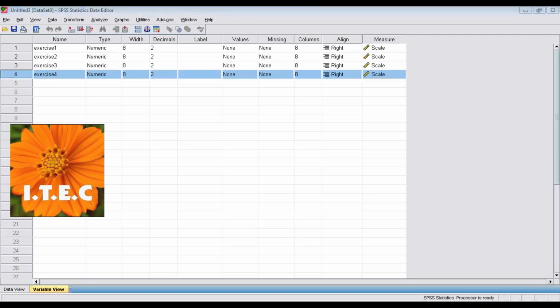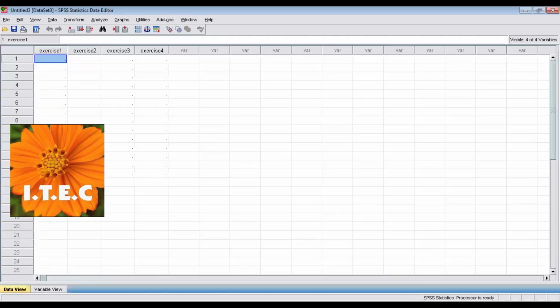Now let's say I am putting the data here, and say I am giving the physical exercise and I'm taking the weight.